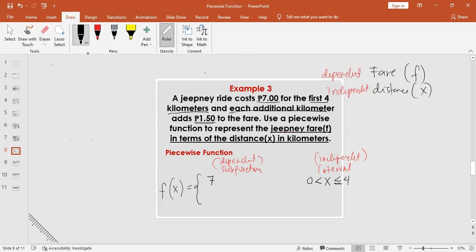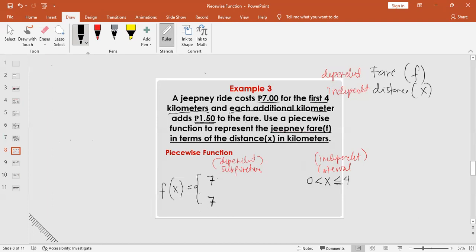That's our first subfunction. How about our second subfunction? Sige nga. 7 pesos daw yung unang 4 na kilometro. Pero kung lumampas ka na dyan, magdaragdag ka daw ng 1.50. Pero ang babayaran mo lang yung sobra sa 4 kilometers. So, ang magiging subfunction dyan ay 7. Yan, kunyari nakapag-travel ka na ng 4 na kilometro.